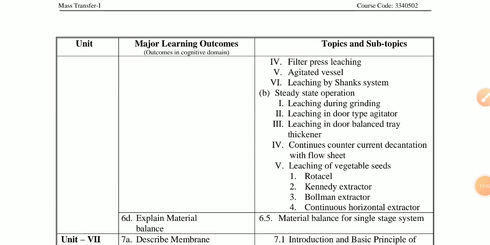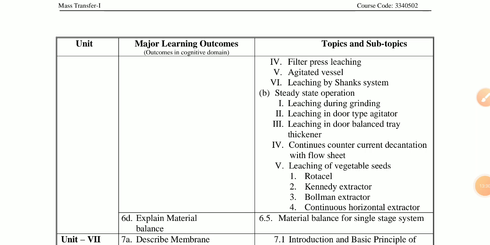Then filter press leaching, agitated vessel, leaching by Shanks system, different topics we have to see. Filter press leaching, agitated vessel, leaching by Shanks system, steady state operations, leaching during grinding.